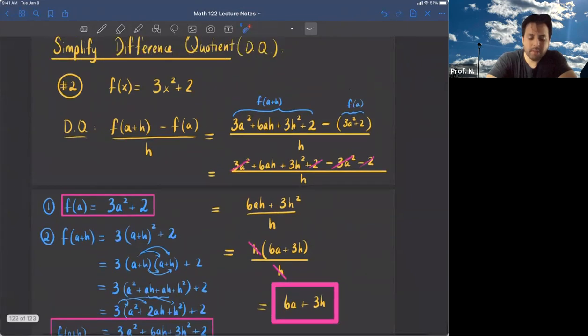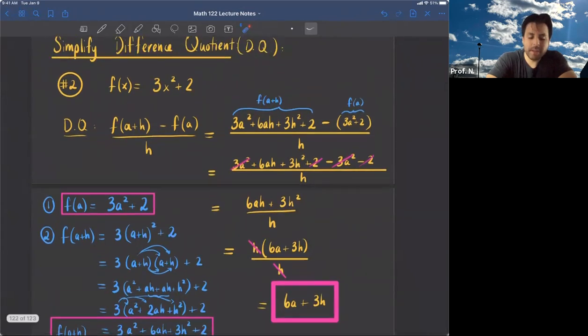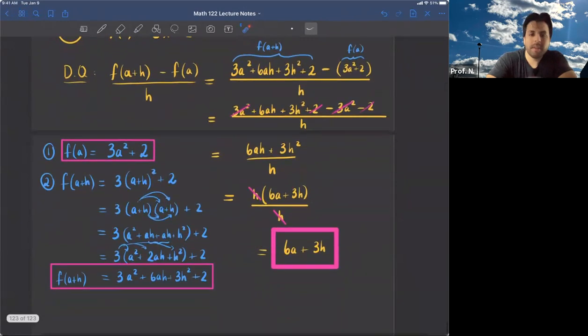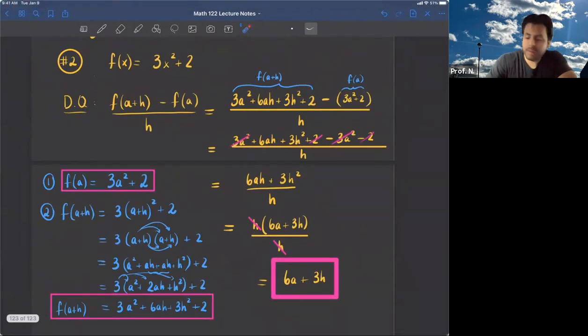Okay, I guess so. So this is simplifying difference quotients. Now, does anybody have any particular question on any of the sections that I have here on the review sheet?